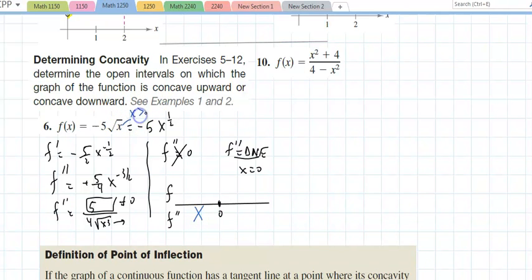Domain, x has to be bigger than or equal to 0, right? So I only have to test this point. If I put 1 in there, the top is always positive, the denominator is positive. If the second derivative is positive, the graph is concaving up, and we state that. We say f is concaving up, CU for concaving up, CD for concaving down, from 0 to infinity.